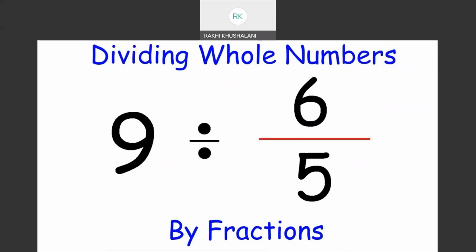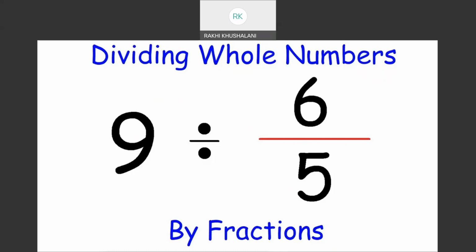Dividing a whole number by fractions. You have 9 as a whole number and you have to divide it into 6/5 parts. Basically what you are going to do, just consider 9 blocks in front of you, and each block you have to divide into 6/5.